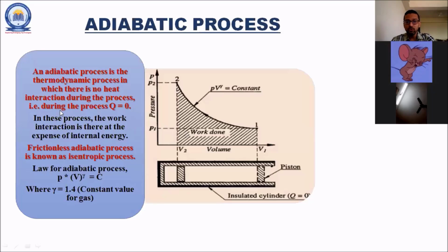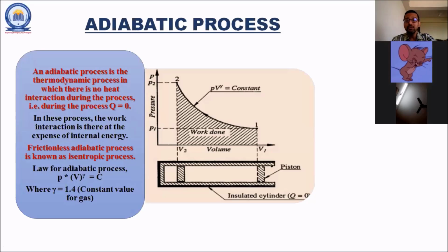And since there is no heat interaction, we can write for the adiabatic process, Q is equal to 0. Now considering the first law of thermodynamics, Q is equal to delta U plus W. Since Q is equal to 0, I can write the equation minus W is equal to delta U. So remember, for the adiabatic process, the work interaction takes place at the expense of the internal energy.